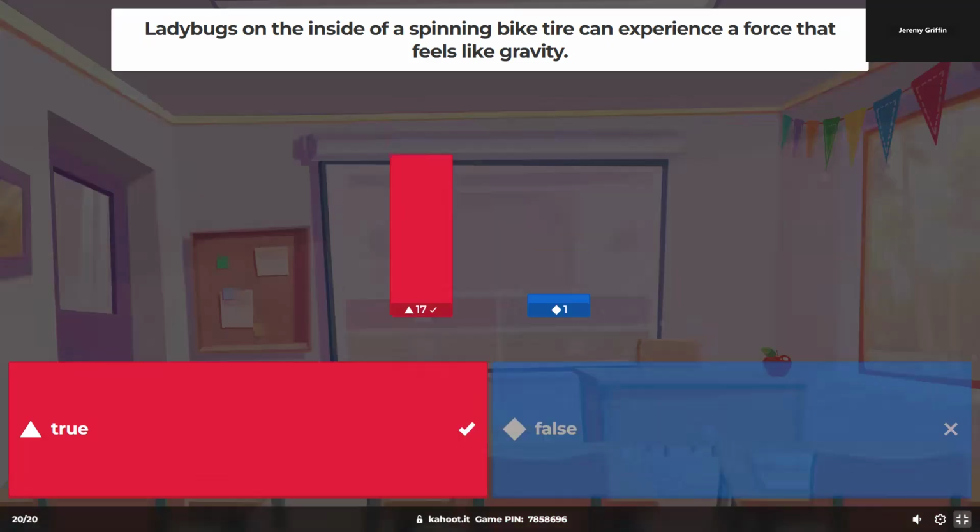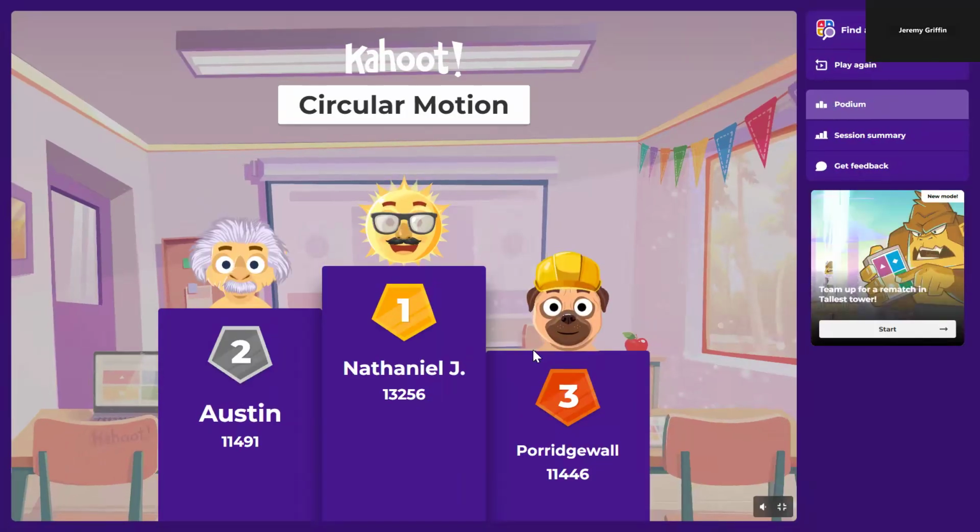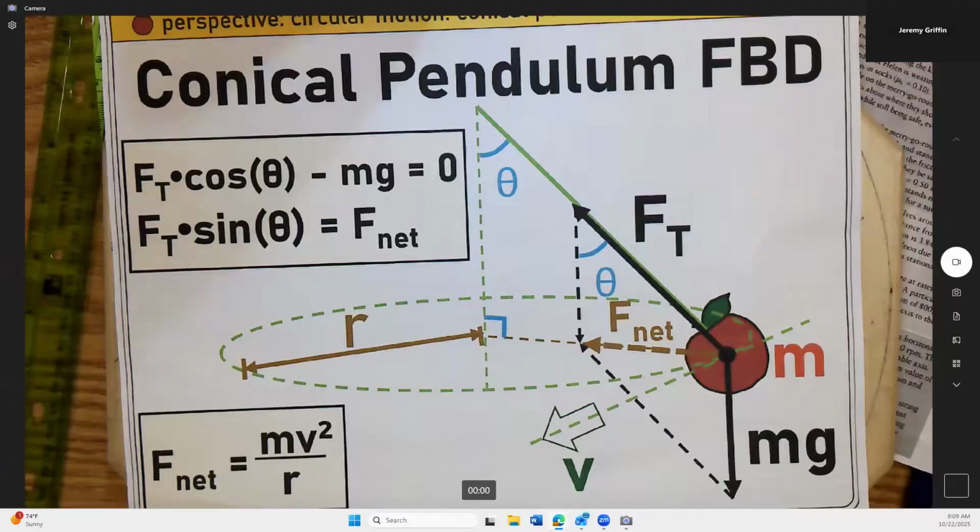Spinning. It's spinning. Yeah. All right. Let's go. Yeah, it's just basically an O'Neill cylinder, isn't it? All right, with the bronze, Porridge Ball. With the silver, Austin. And the gold, Nathaniel J. Oh, yeah. All right, nice job.